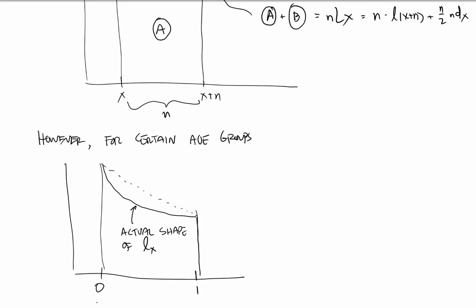So if we tried to calculate the nLx using the straight line, we would overestimate it. We'd include this extra area here that we don't want to include. So when the actual mortality is very, very curved, then the straight line way of calculating the nLx will be too high, and we don't want that.